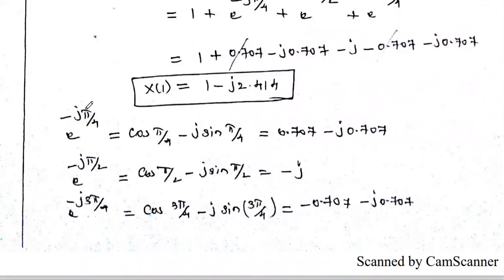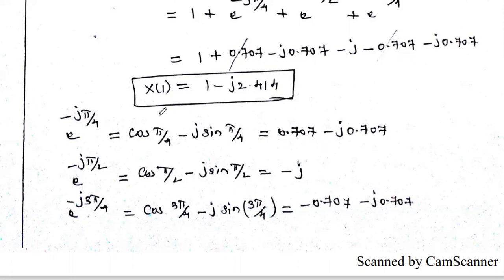Generally, e power minus j theta can be written as cos theta minus j sin theta. So e power minus j pi by 4 can be written as cos pi by 4 minus j sin pi by 4. Using a calculator, you calculate cos pi by 4. In order to calculate this answer, first you have to put the calculator.